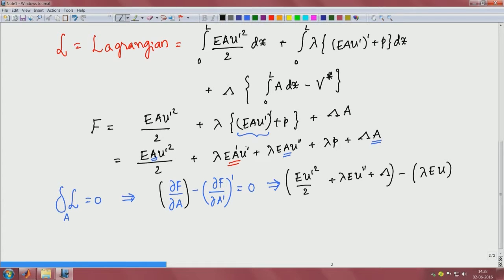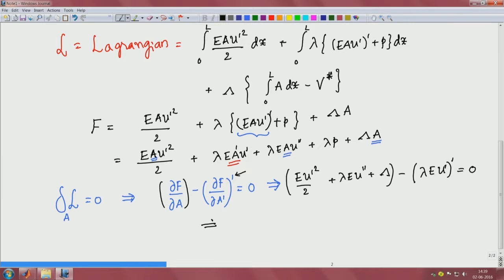Let us see. When you wrote dou f by dou A prime, this should be lambda E u prime. Let me rewrite that: lambda E u prime, and then the whole prime, because of what we have over here, that should be equal to 0.